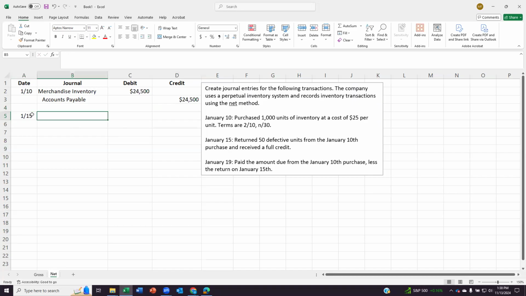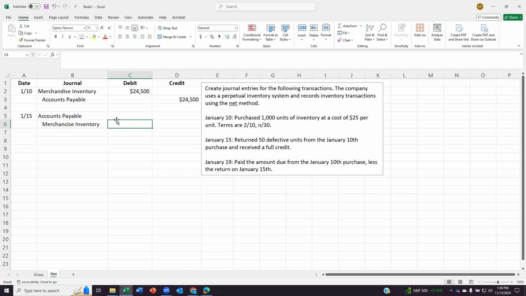when I do the return of 50 units, I'm going to record that return again by, in essence, reversing a portion of the sale. But I'm going to even record the return at the discount.